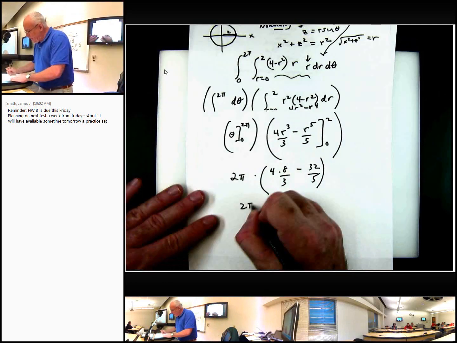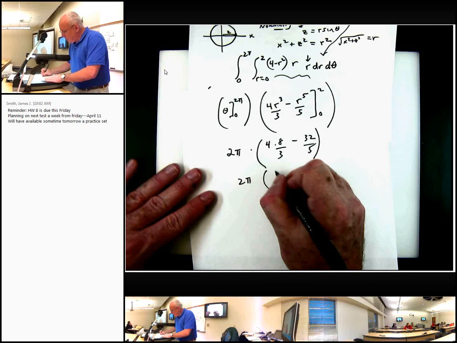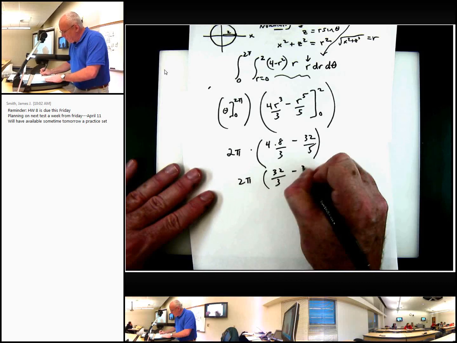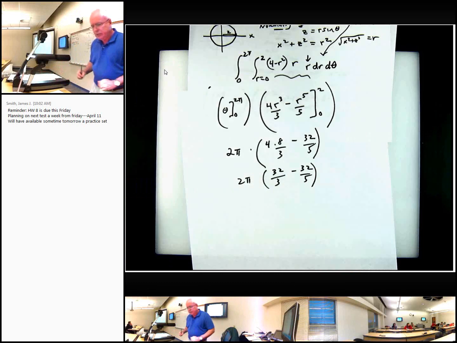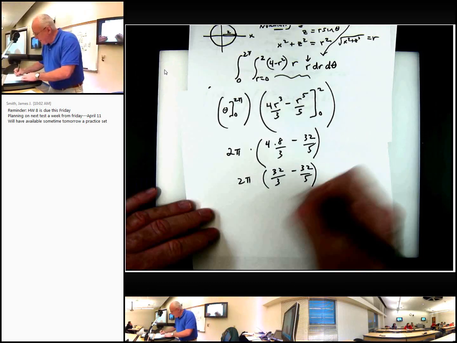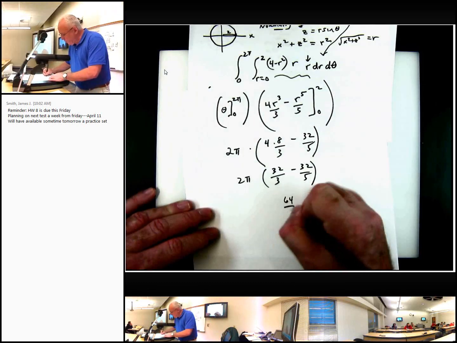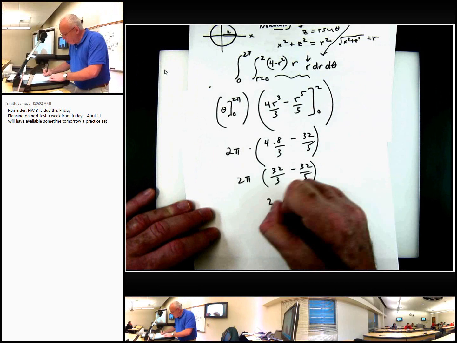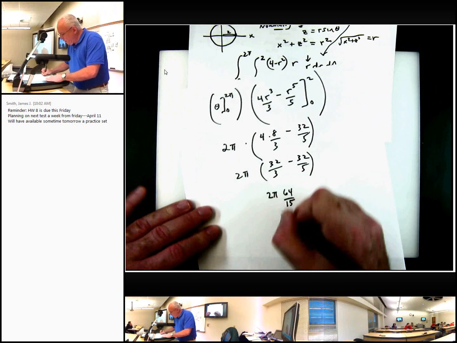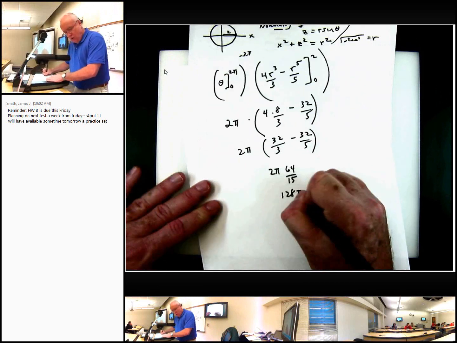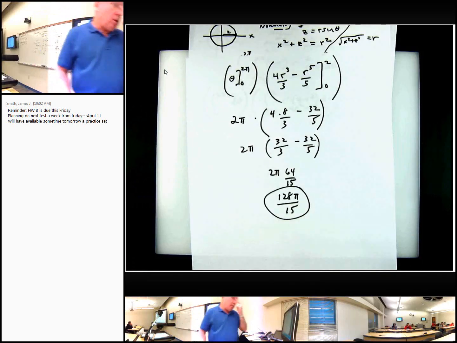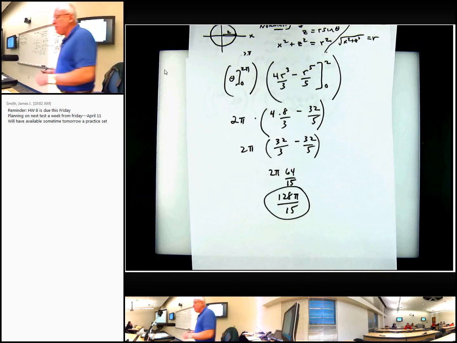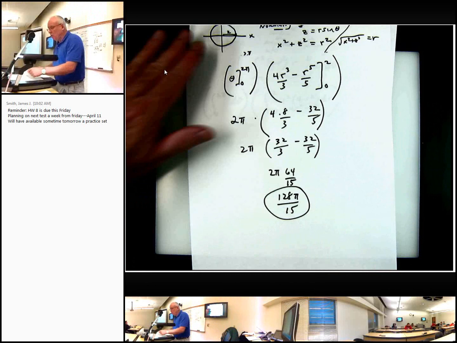So it's 2 pi, 32 over 3 minus 32 over 5, and that's going to give us, when we combine these, 64 over 15 times 2 pi, or 128 pi over 15. That's our answer.